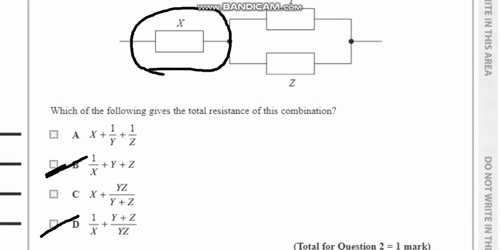Now what? So just write down X and then add. To add the resistance of Y and Z, we will measure them in parallel.